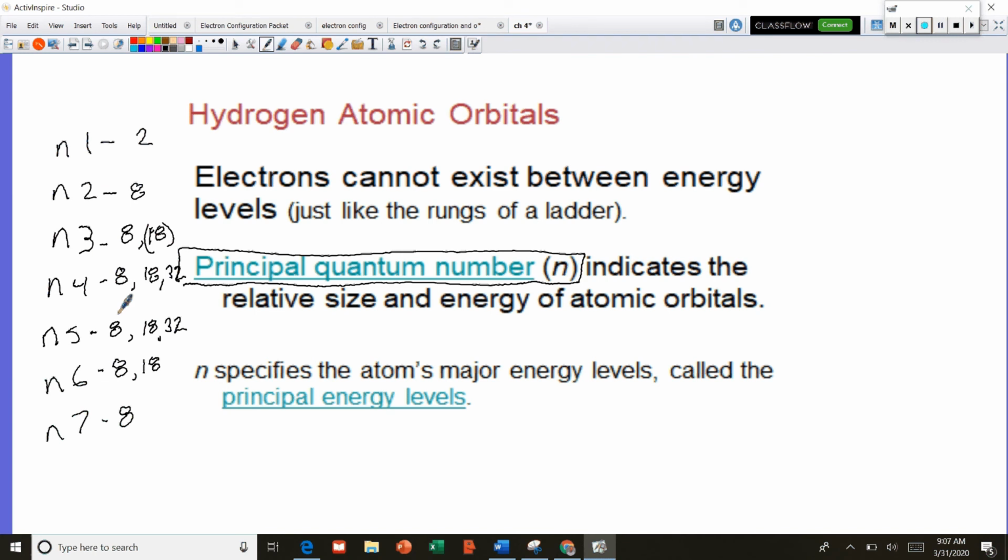So this would represent if we're talking about the noble gas for each one. So an example of N1 noble gas would be helium. If you're looking at a periodic table going down, the N2 noble gas would be neon. Neon has 10 electrons. Argon has 18 electrons. So that's the N3. Krypton has 36 electrons.